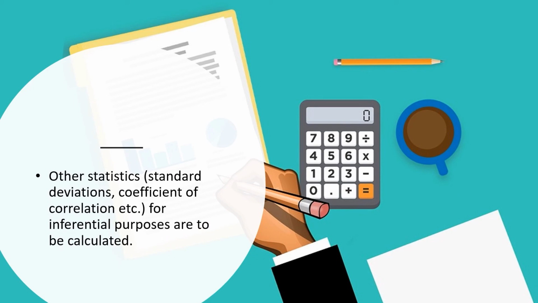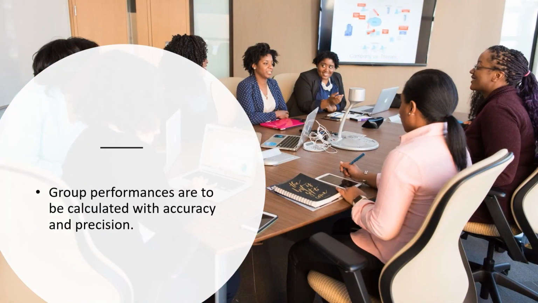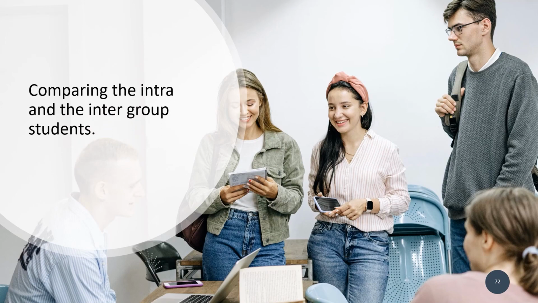For other statistics, like the standard deviation and coefficient of correlation, you have to calculate the mean first, then reach the standard deviation and coefficient of correlation by using the product moment method. Group performance can be calculated with accuracy and precision by using the mean, and comparing intra and inter group students is possible by using the mean score.